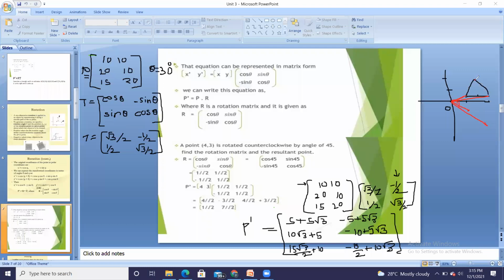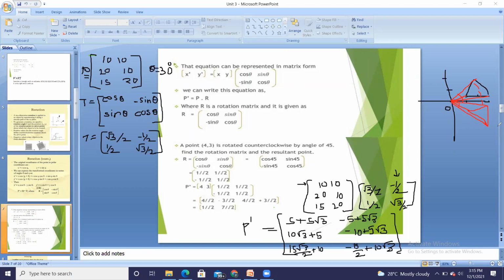And the C point, currently at this angle, will rotate by 30 degrees and come somewhere over here. So after rotation, I will get the object like this. So this angle of rotation is 30 degrees.